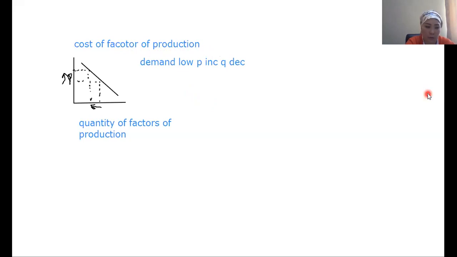And of course, the cost that is already on the market will rise twice. So the second determinant is the quantity of the factors of production. If there is a lot of quantity, the cost will fall. And if there is less quantity, the cost will rise. And again, it will lead to the demand for the factor of production.